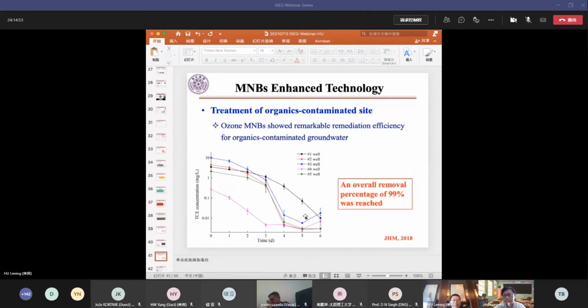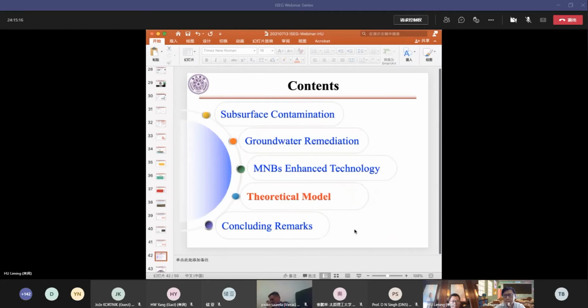We can see that after 6 days of treatment, all the contaminants are removed. Over 99% of the contaminants were removed. It shows a very good effect.